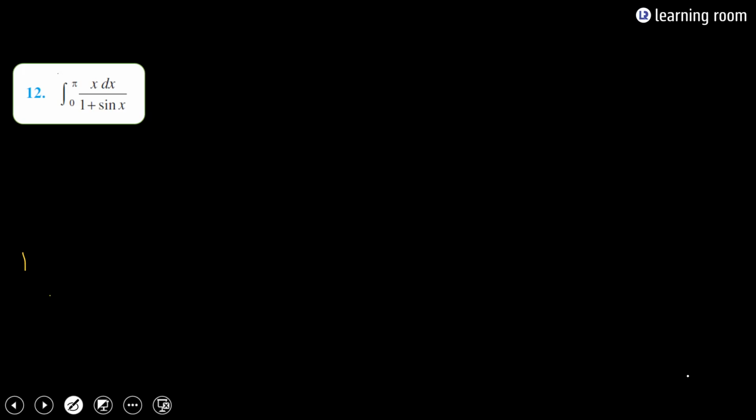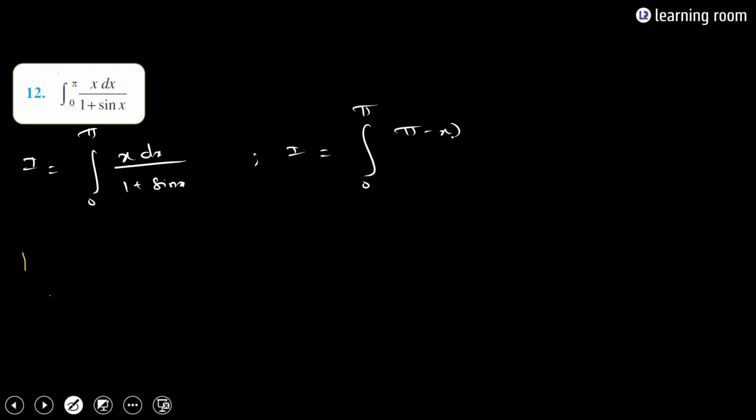How many problems are there? So I is equal to integral of 0 to pi x dx divided by 1 plus sin x. The same I can be written as integral of 0 to pi of pi minus x dx divided by 1 plus sin x. Is it clear?